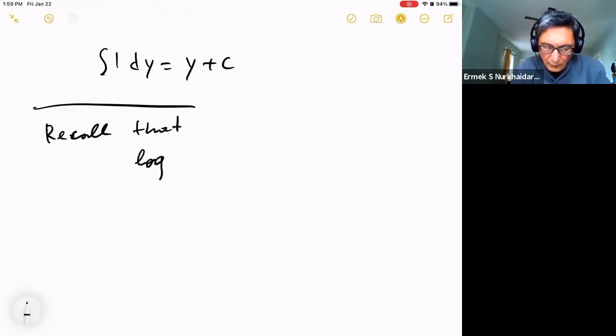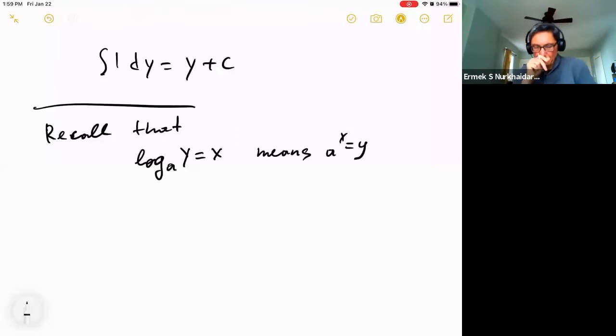Log base a of y equals x means a to the x equals y. Right? So what's the inverse of a to the x?